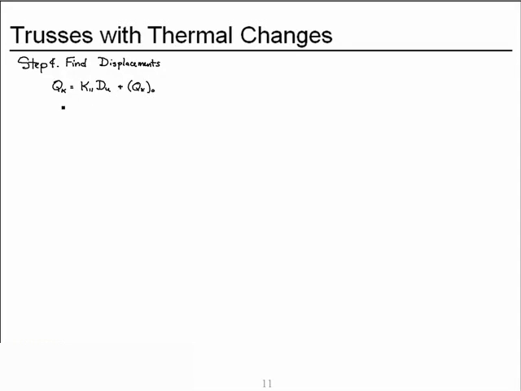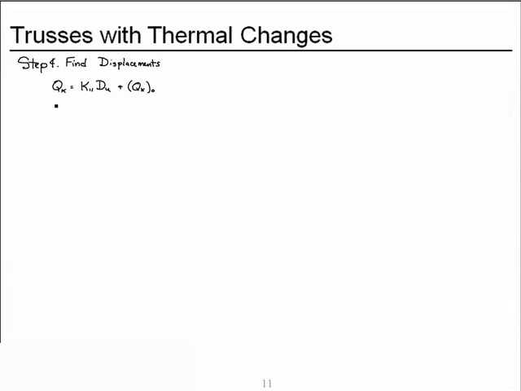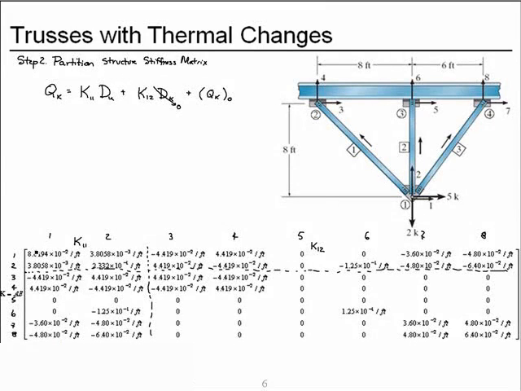For degree of freedom 1, the applied load is a positive 5 kips. So we have 5 kips equals the coefficient associated with force created in degree of freedom 1 due to deformation at degree of freedom 1.